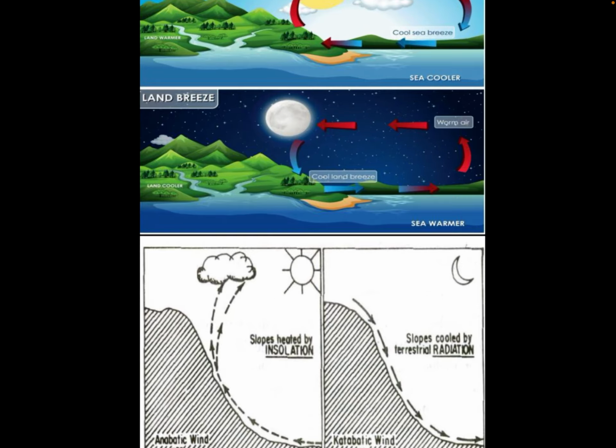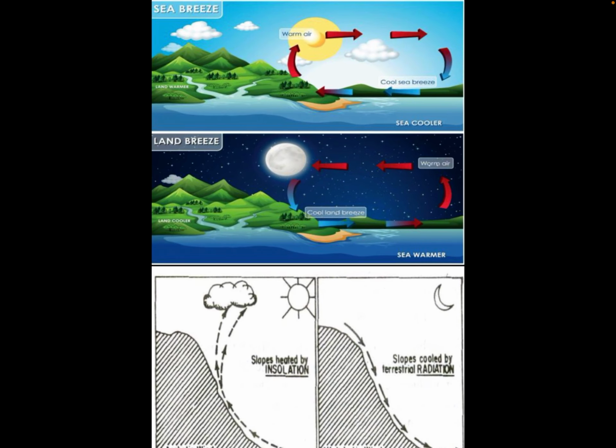And third, we have seen that primary is planetary wind. Second is seasonal wind. The examples of seasonal winds are monsoon winds, and also the second type is land and sea breezes.